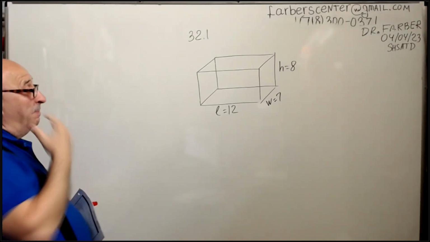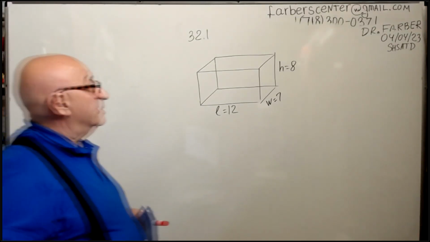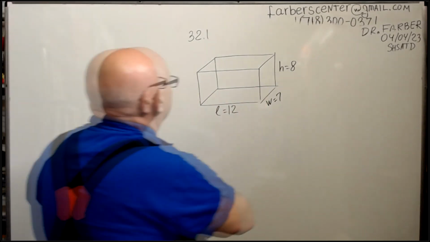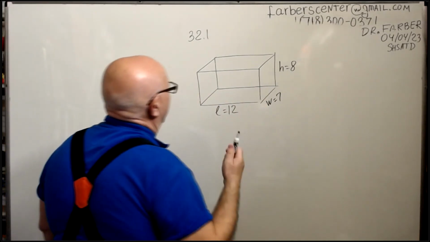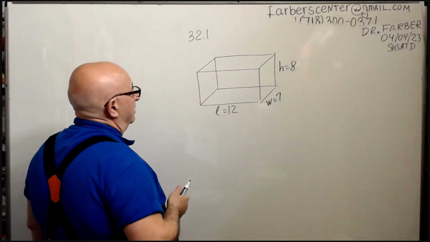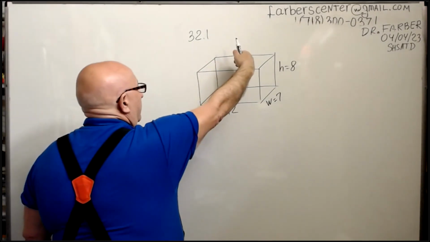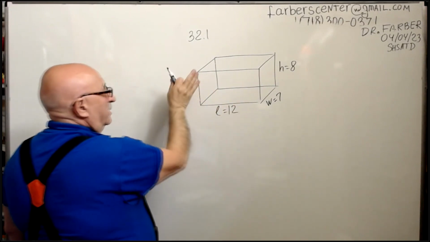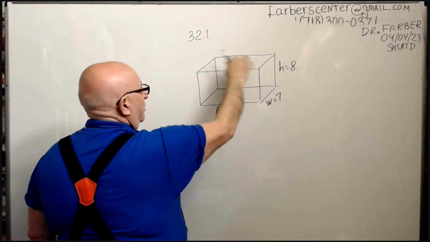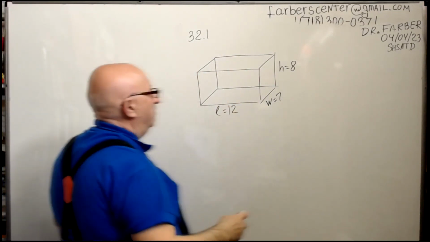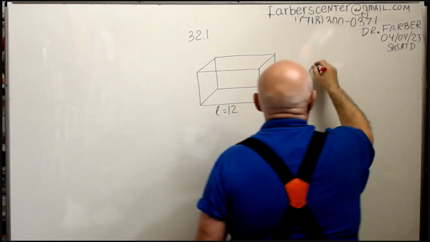Now, don't memorize any formulas, just common sense. Look at this, how to find the total area. You have to find the front and back area are the same, left and right the same, top and bottom. So far, so good.